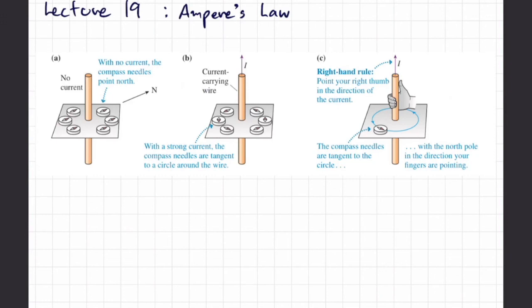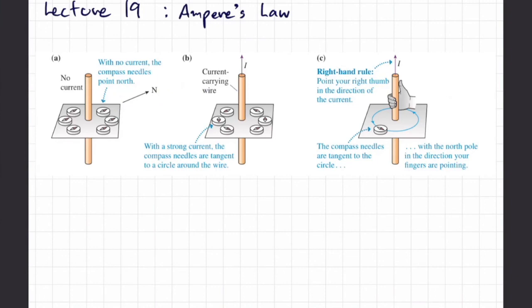So we put a few compasses around the wire. These compasses normally just point to the north, right? Because there's no other magnetic field. The only magnetic field present is the one from the Earth, so it's pointing to the north, which is indicated by this arrow here.